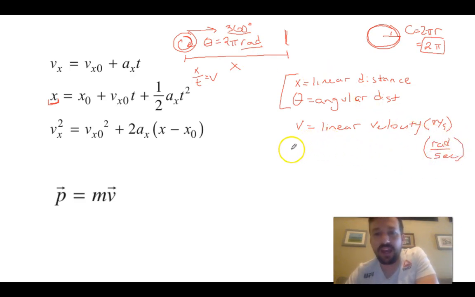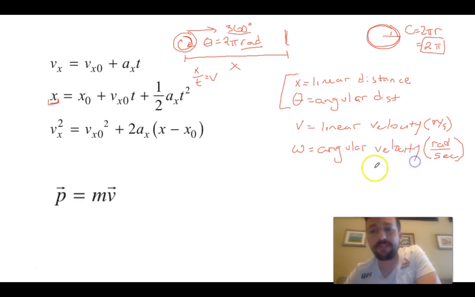And the letter we use for that is a lowercase omega. It looks like a W. You can just call it W for all I care. Okay, but this is angular velocity. You can think of it as how many degrees it travels every second. Okay, and those two things are linked at the hip too. These two are one and the same.